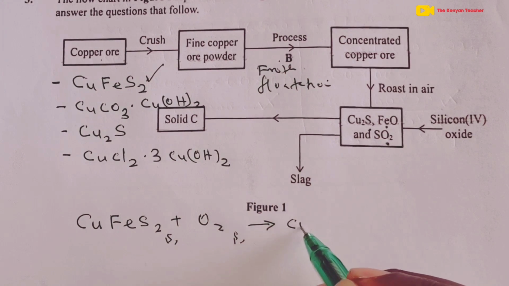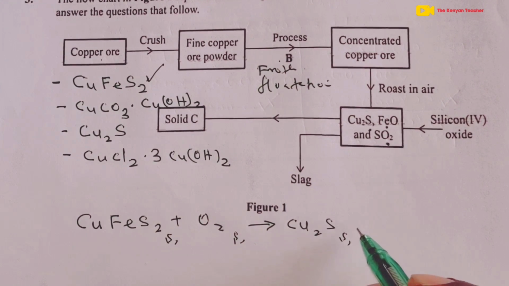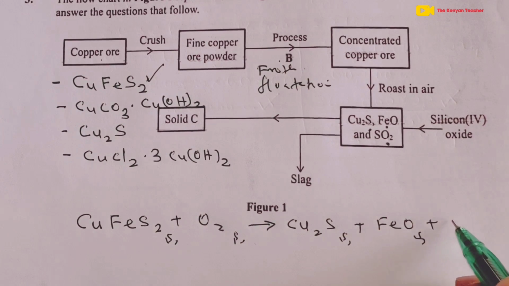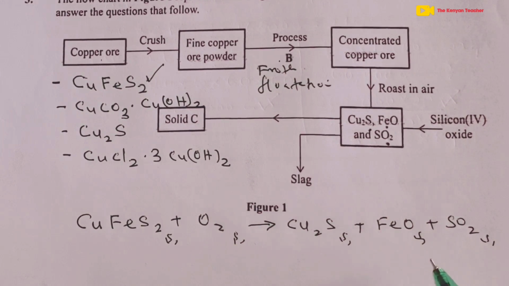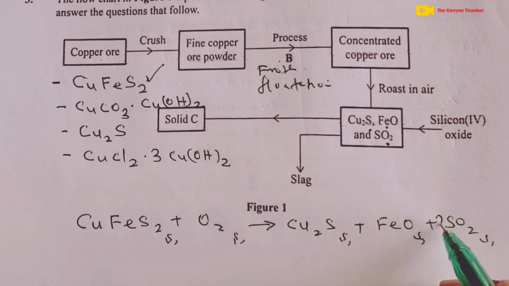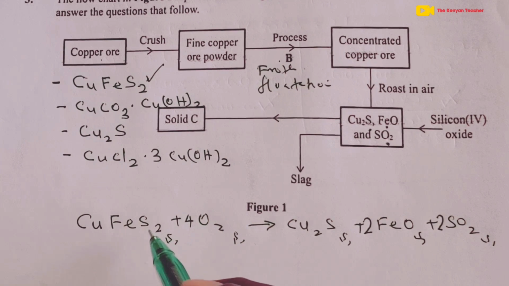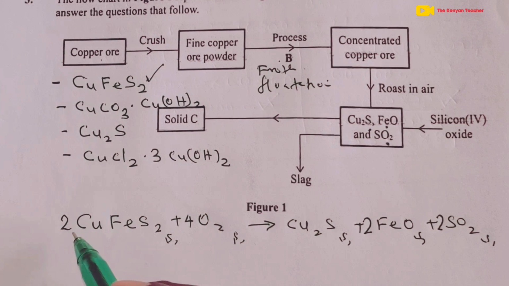So we have copper 1 sulfide, we have iron 2 oxide, and we have sulfur 4 oxide. Of course, this equation is usually balanced with a 2 on sulfur 4 oxide, a 2 on iron 2 oxide, a 4 on oxygen, and a 2 on our ore.